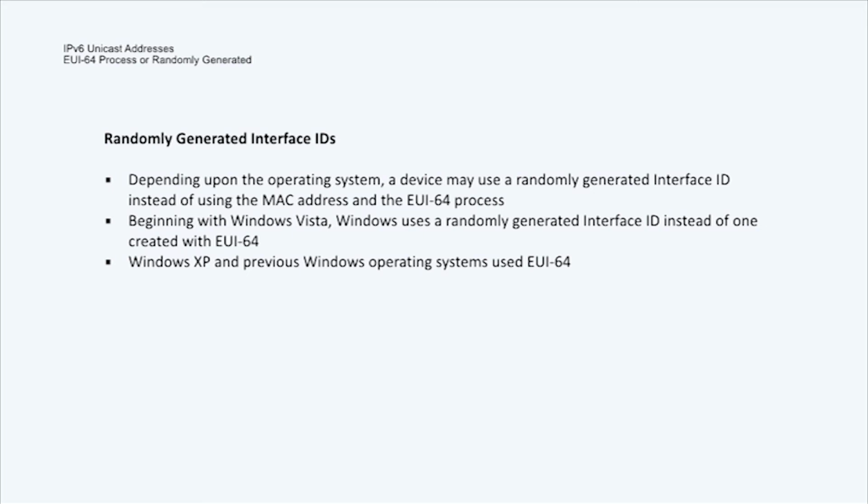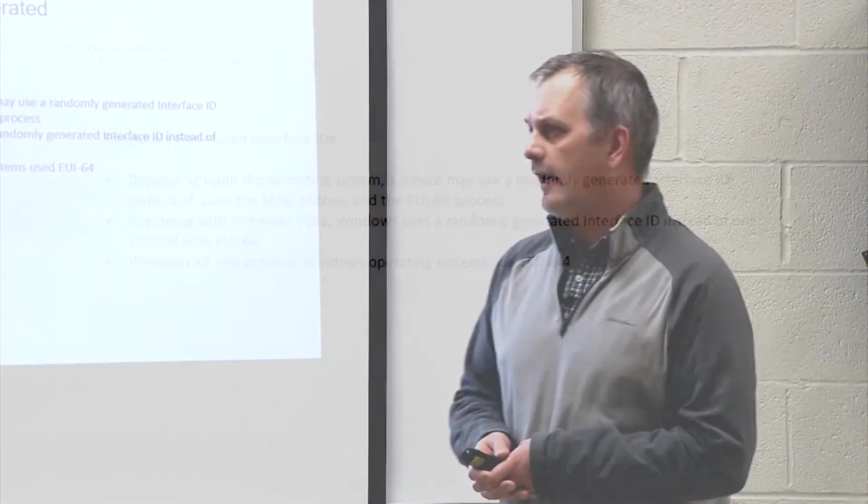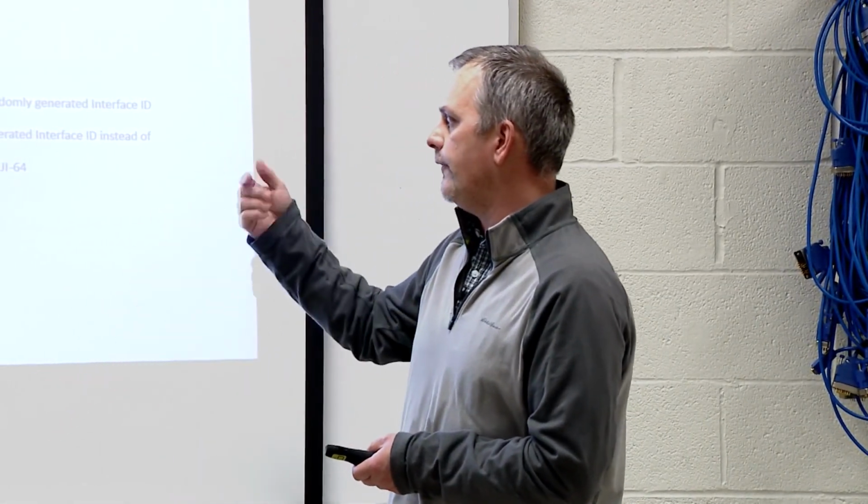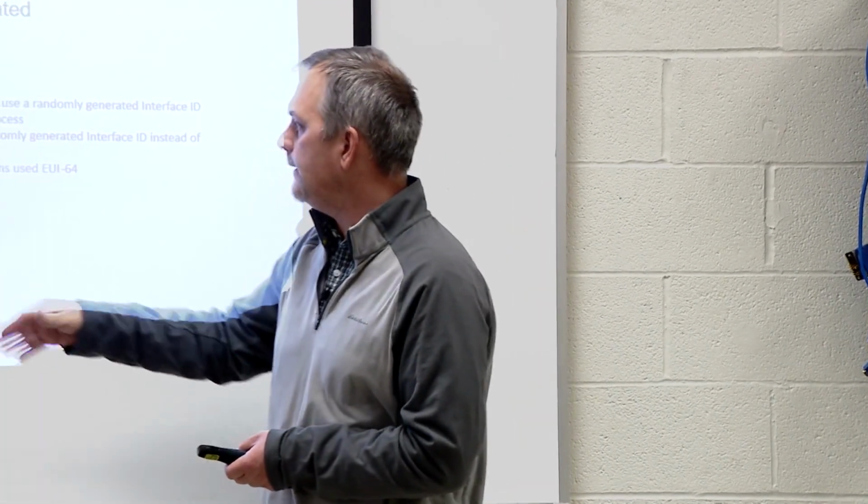Early Windows systems would always use the EUI-64 method of using that MAC address, splitting it and inserting FFFE into the center. Interestingly enough, Linux these days uses EUI-64, but Windows, from generation XP on, uses randomly generated information.